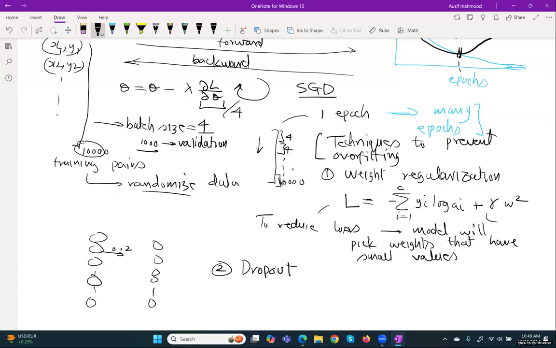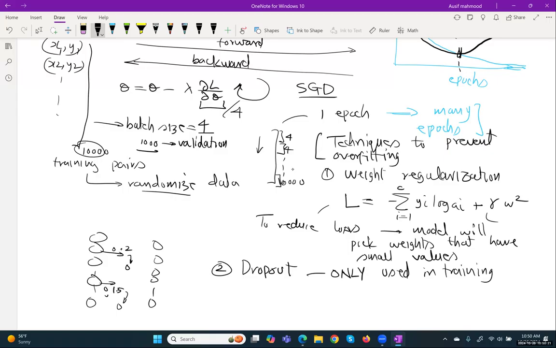So randomly we'll pick some neurons and we will turn their value to 0 only during training, okay? So dropout, keep in mind, is only used in training. You will not take a good enough model and start zeroing it out. So only used in training, not in testing or validation, okay?